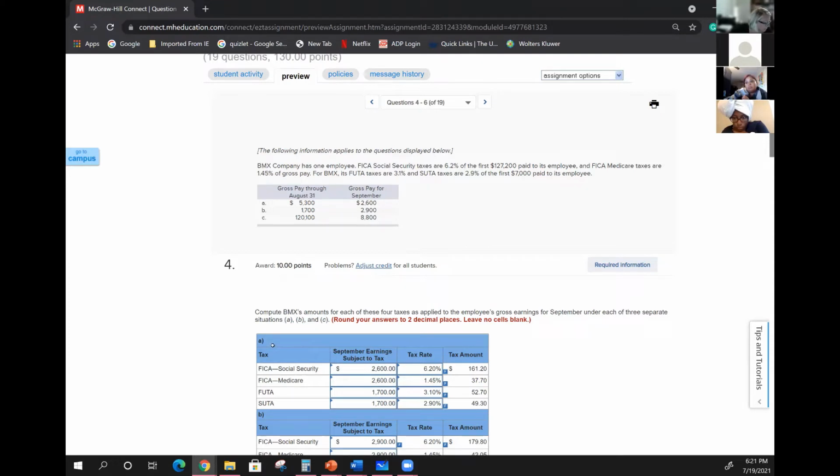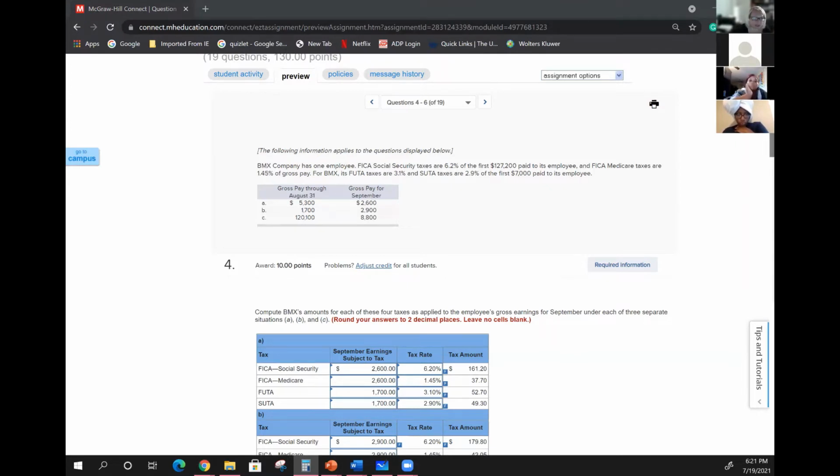So here's A. In the table, we're going to start with our FICA, Social Security, and Medicare. It's going to be $2,600 times the rates to get the amounts. For FUTA and SUTA, notice I'm not using the whole $2,600. Remember that it's only on the first 7,000.